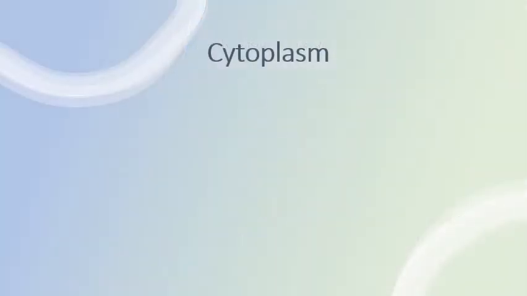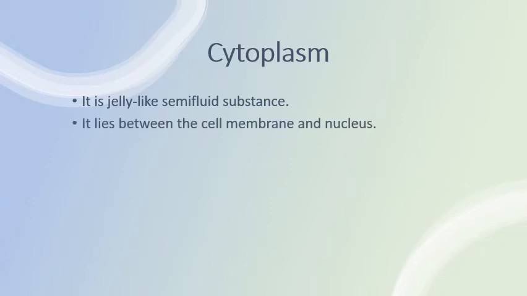Next, we move ahead to cytoplasm. This is the next basic part of a cell. It is a jelly-like semi-fluid substance. And where does it lie?